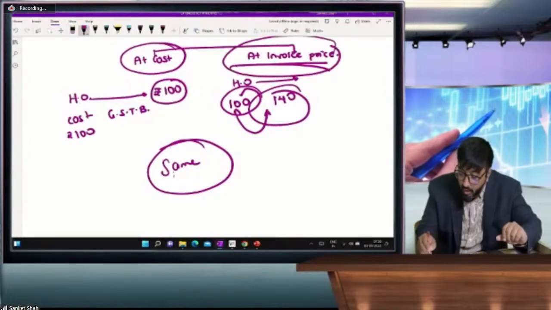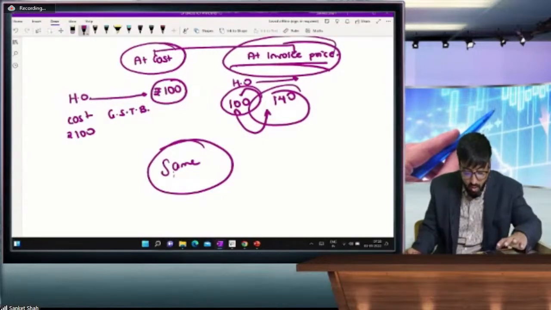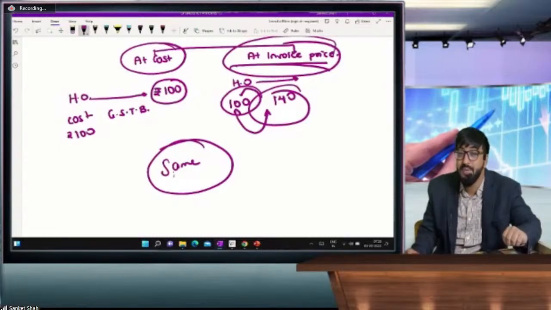At cost means head office goods of rupees 100 will be sent at 100 rupees only. And if 100 rupees goods are sent at 140, remember it is called as invoice price.